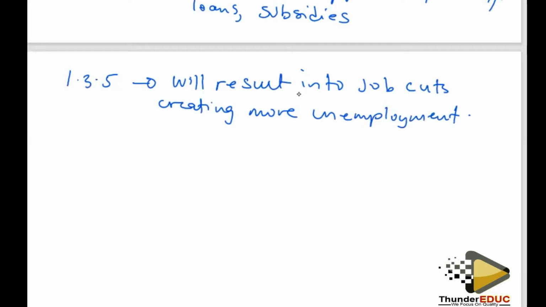So meaning, the moment farms are no longer producing enough, they have to cut on labor so as to sustain those that they have.